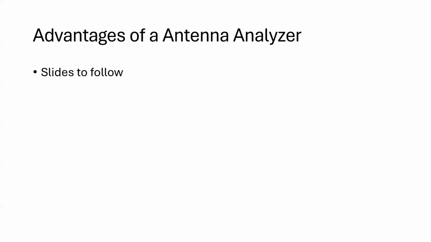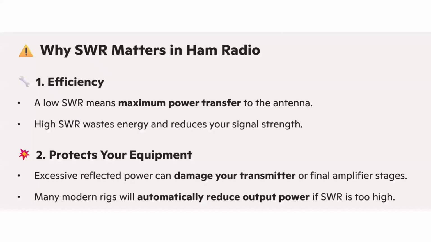So we're going to cover some advantages of antenna analyzers. We've already covered the concept of SWR. Something important about your antenna system, excessive reflected power can damage your transmitter or final stages.